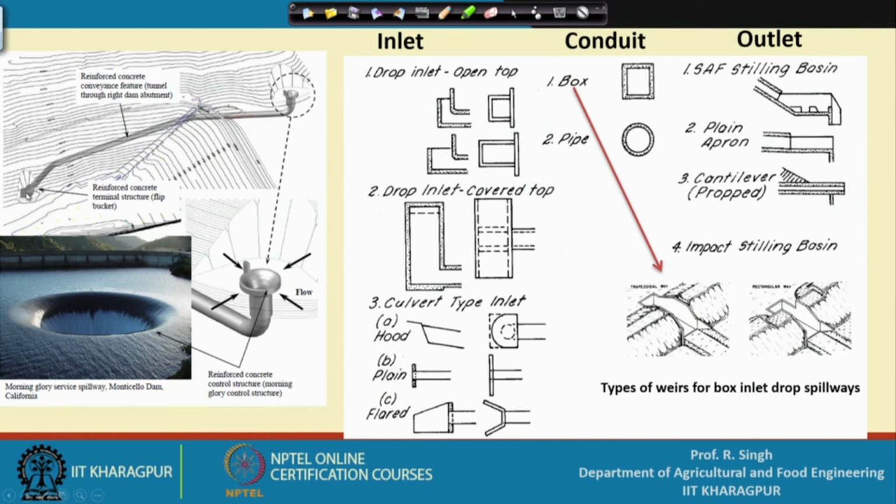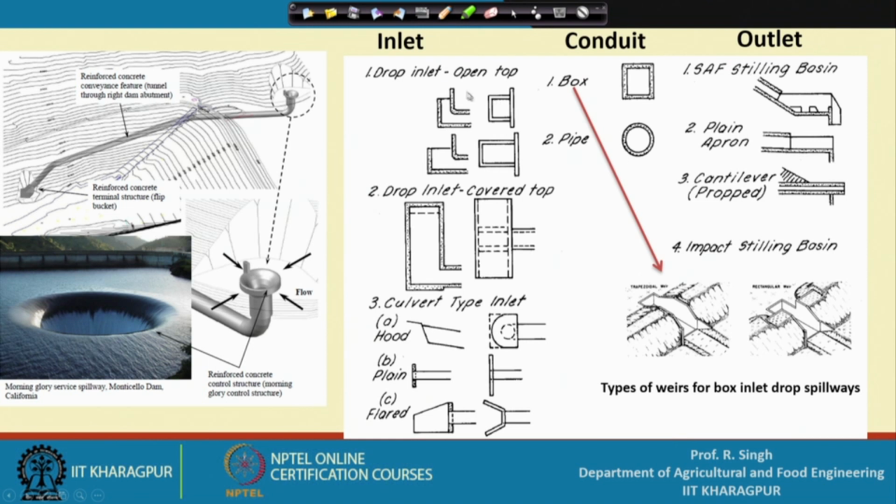From here the morning glory spillway takes the water and it goes through. These are the reinforced concrete control structures, or morning glory structures, where the water enters and then is conveyed through the pipe or tunnel. These are the three basic components as I described in the earlier slide: inlet, conduit and the outlet part.